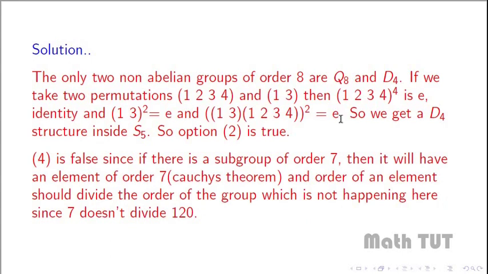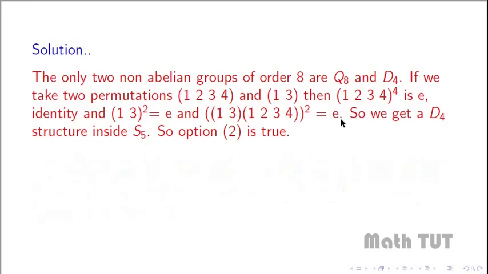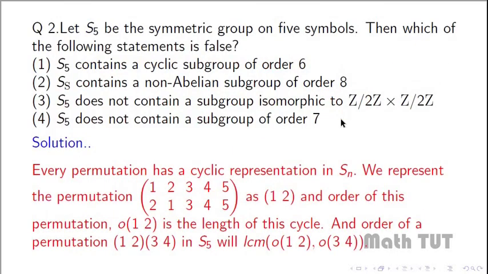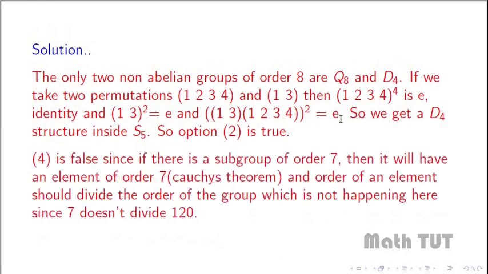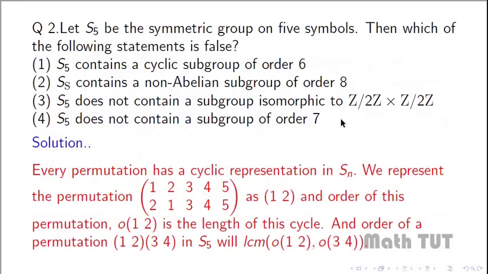Now regarding the last option, that is the fourth option, the statement is that S5 does not contain a subgroup of order 7. So I would say it's actually a correct option, but according to the problem it is false. Here I can assure you that S5 does not contain any subgroup of order 7, because suppose it contains a subgroup of order 7.